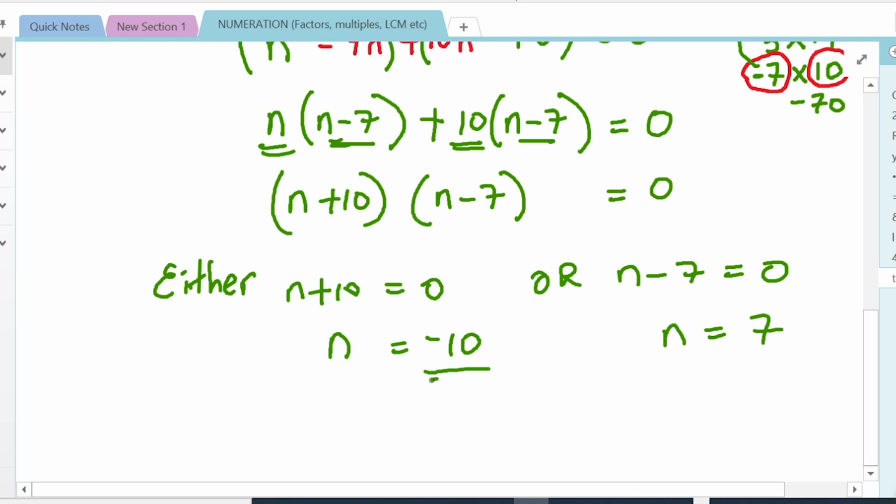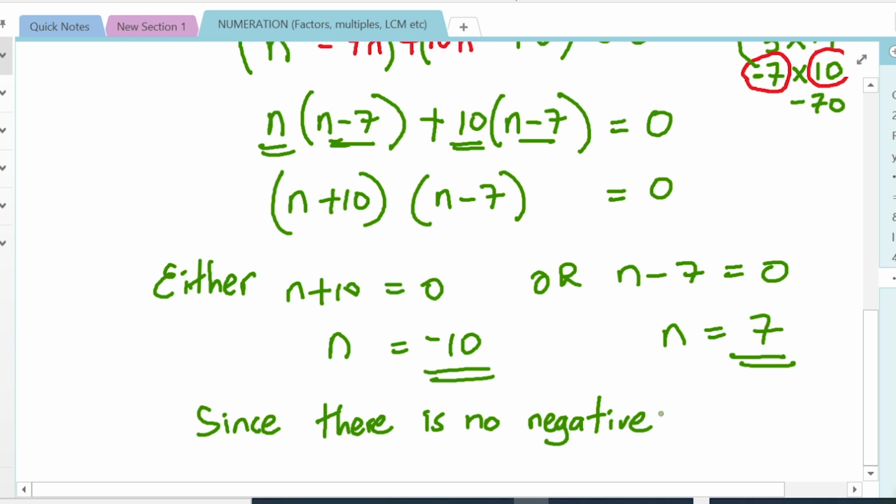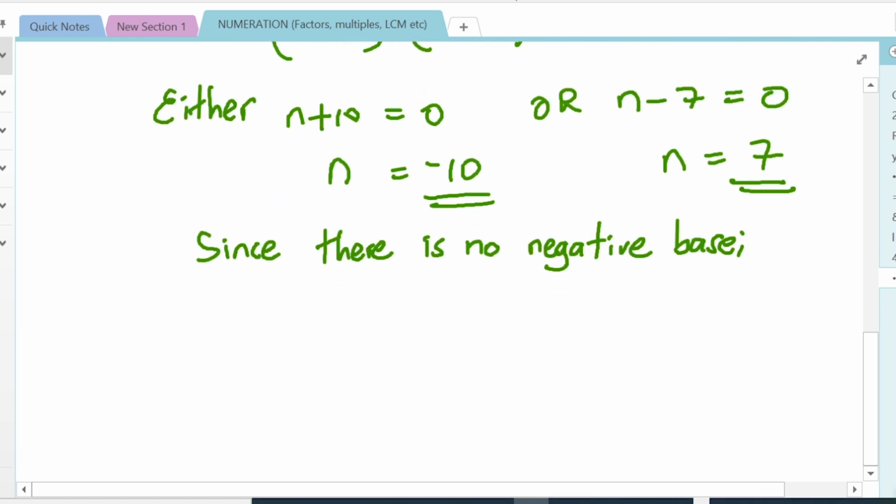So since we are looking for number bases, since there is no negative base, we shall conclude by saying that the value of n is 7. We pick the positive number and that is our answer.